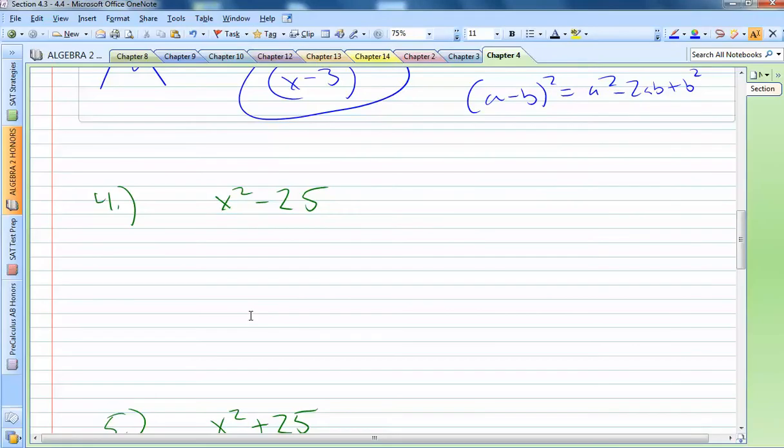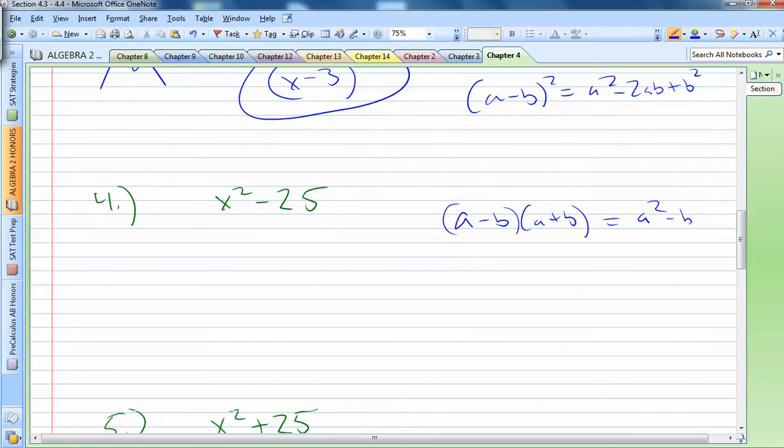It actually does. Because if you have something like this and FOILed it, you get a squared minus b squared. So in this case, I have x minus 5 and x plus 5.